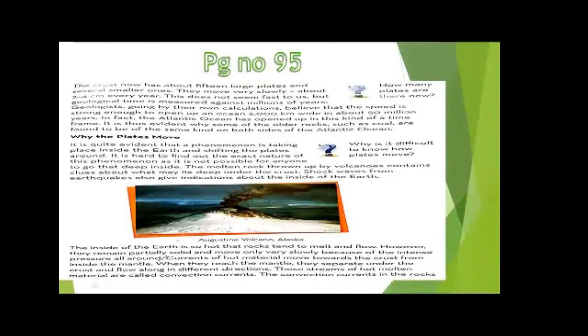According to the calculations of the geologists, the speed is strong enough to open up an ocean 200 kilometers wide in about 50 million years, meaning that the drifting of the plates results in the formation of seas and oceans after a certain number of million years.